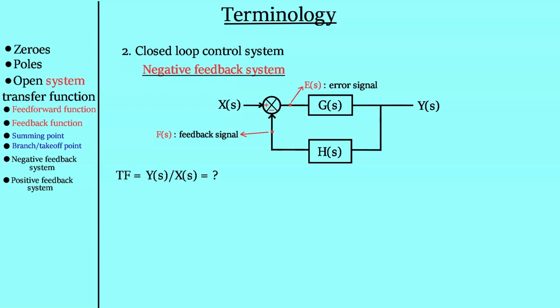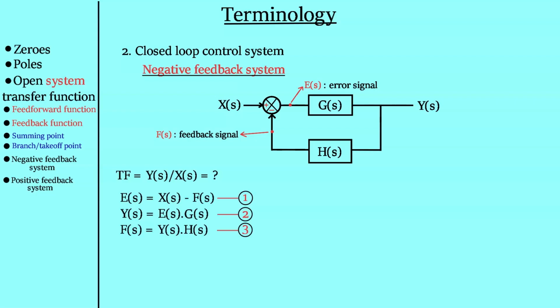Now suppose we have to find the transfer function of this configuration. Then we have three equations. The first is for error signal. The second is output will be equal to error multiplied by feed forward function, and the third is Laplace transform of the feedback signal is equal to the Laplace transform of the output multiplied by Laplace transform of the feedback system.